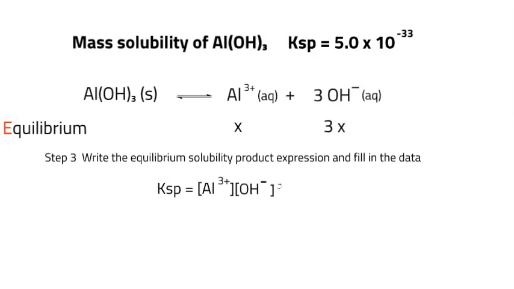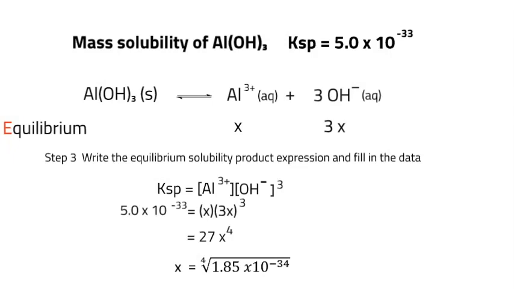Fill in that data: 5.0 times 10 to the minus 33 is equal to x times (3x) cubed. This is equal to 27x to the power of 4. To solve this, we need to calculate the fourth root of 1.85 times 10 to the minus 34.